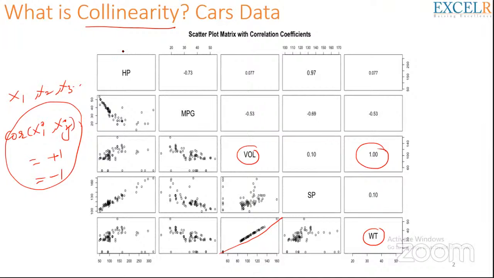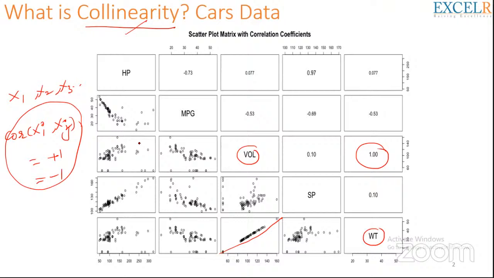The ill effect of collinearity or multicollinearity is that the variables which are supposed to be significant would become insignificant because of this multicollinearity problem, right?